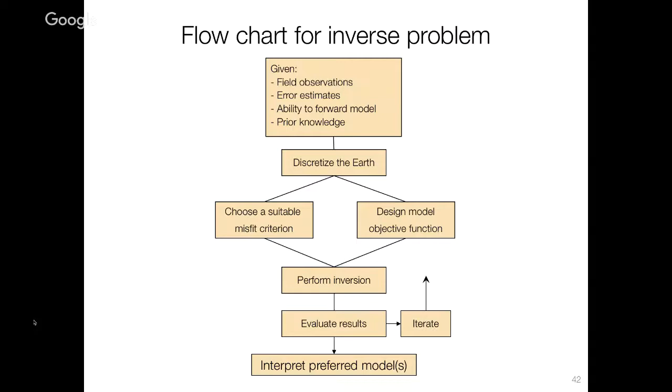And then finally, you exit and interpret your preferred models. So that's a global framework, and I don't think there's any way of not working through this somehow. Every problem that I've ever seen in geophysics follows that sort of methodology.